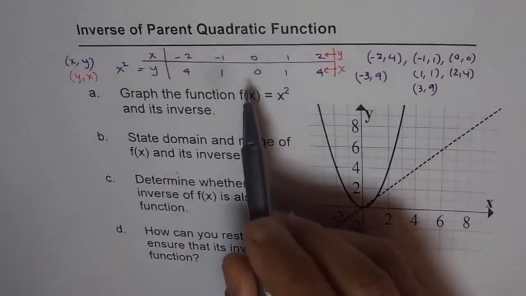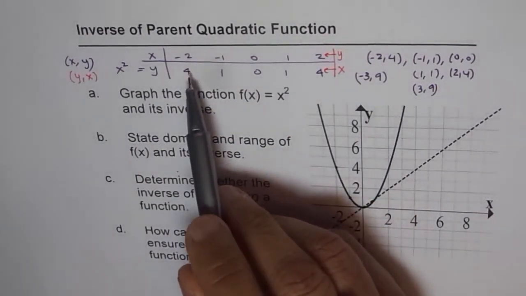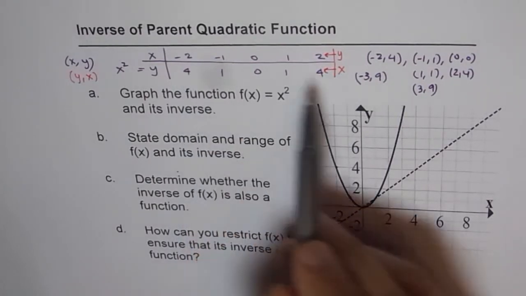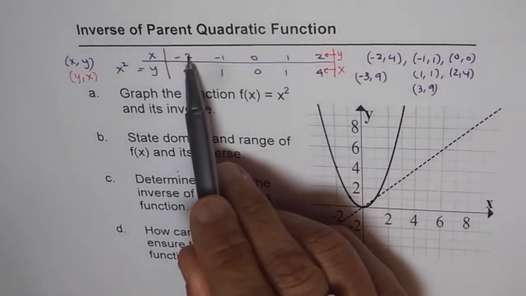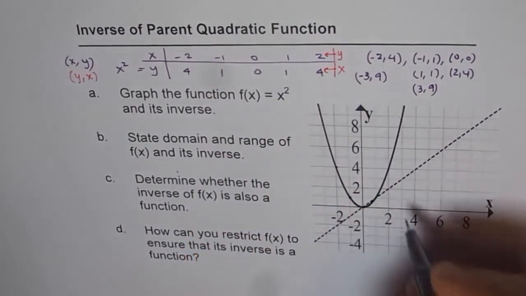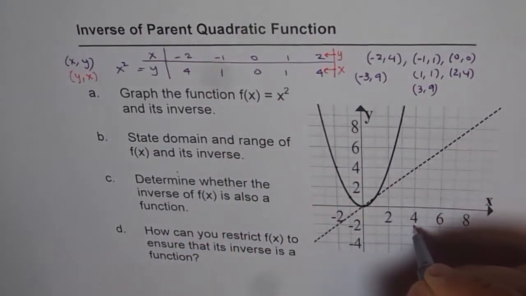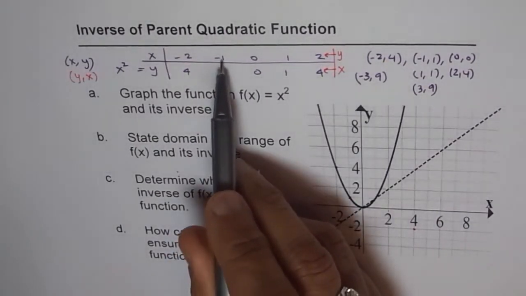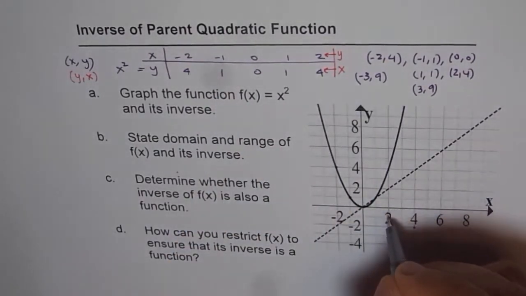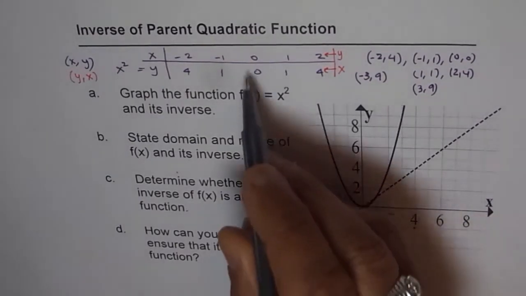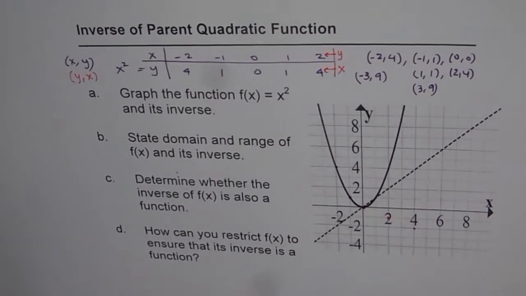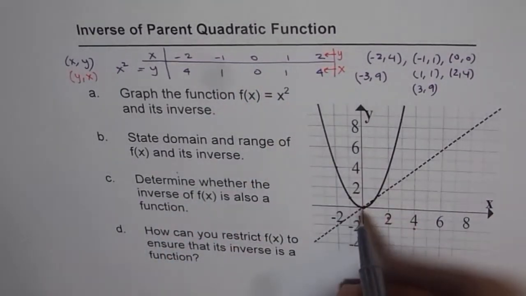So let's plot the inverse of these points. The first one will be 4, -2. We take 4 as the x value and -2 as the y value, which gives us this point. Then we have 1, -1, which is that point. Then 0, 0 is this point. So what we really did was take these points from the negative side.